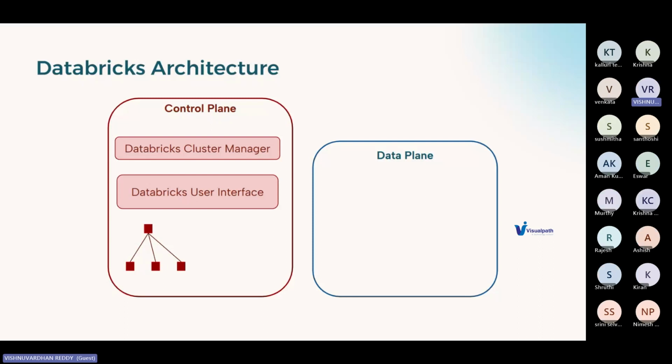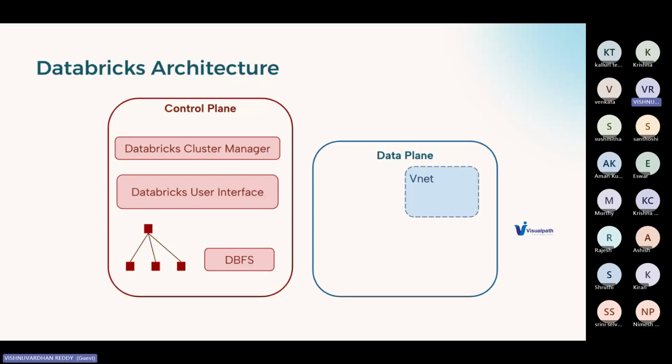All these configurations can be done on the Databricks web page, and will be present in the control plane. We also have the distributed file system, DBFS, which is visible in Databricks.